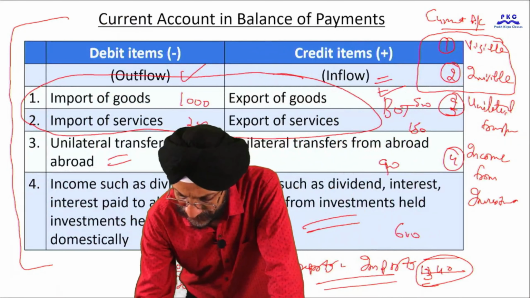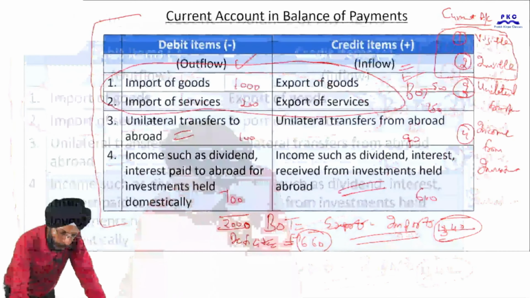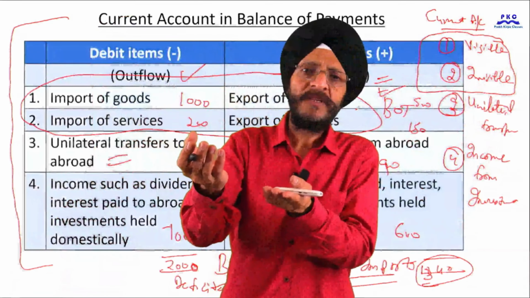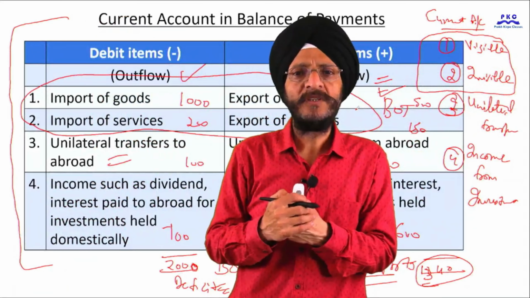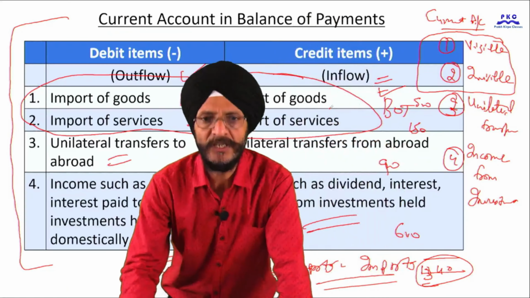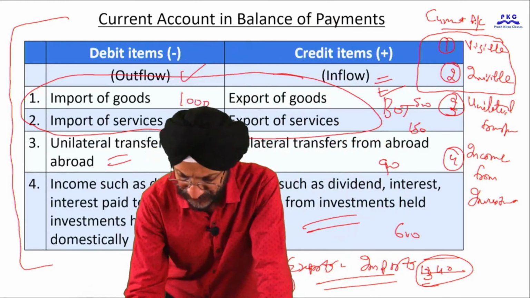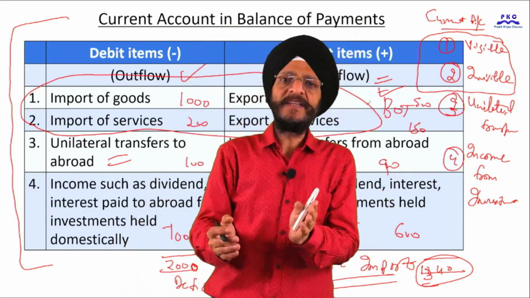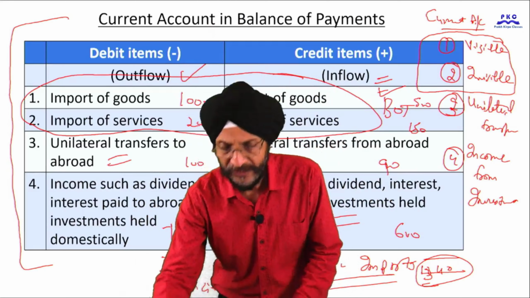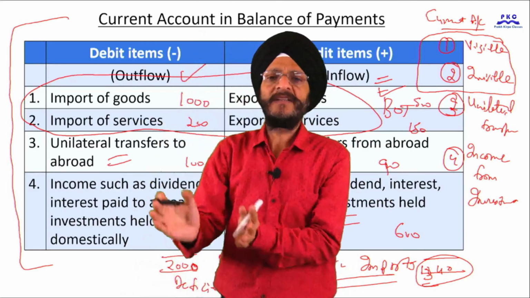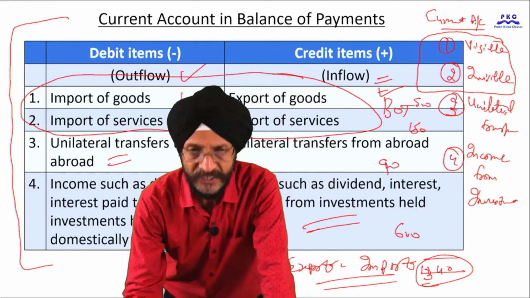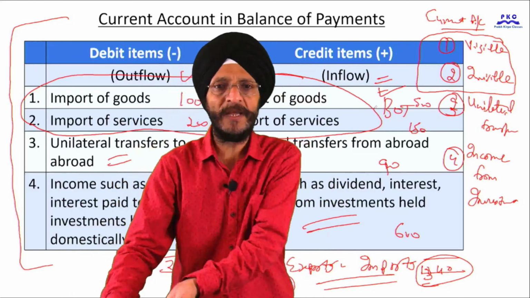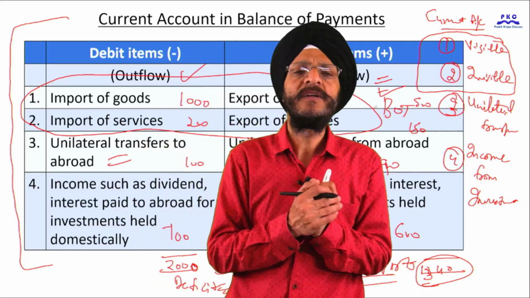So can this deficit be filled by exports, if we are earning more from exports? Can this deficit be met by balance of trade? No, because this is the figure which is arrived at only by totaling debit and credit side. So the deficit in the current account cannot be met by balance of trade because balance of trade is itself a part of current account.